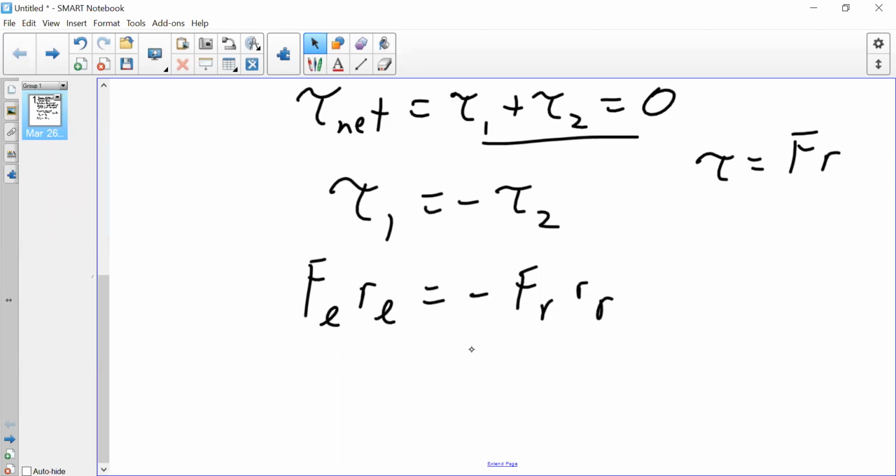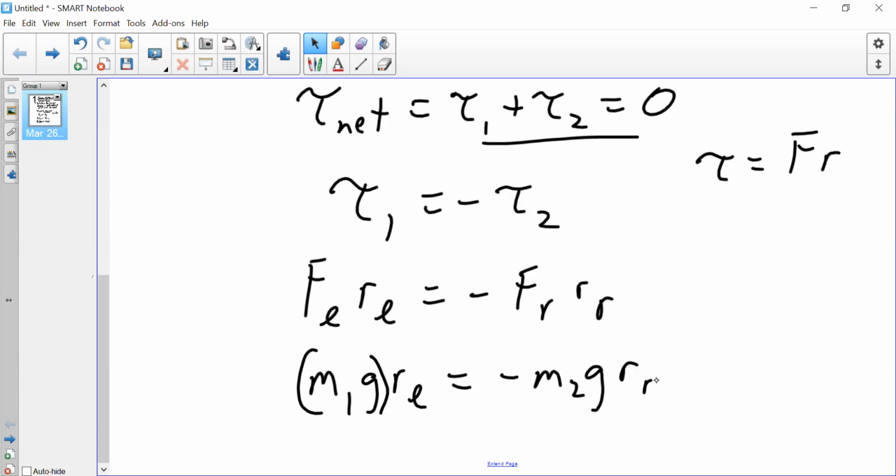Since we're just talking about masses, we're going to be looking at their weights. So the force in question on the left will be equal to M1 g r_L. This is the weight. This force will be the weight of mass 1 times its distance from the pivot, and that's going to be equal and opposite to mass 2, its weight, and the distance on the right-hand side from the pivot.